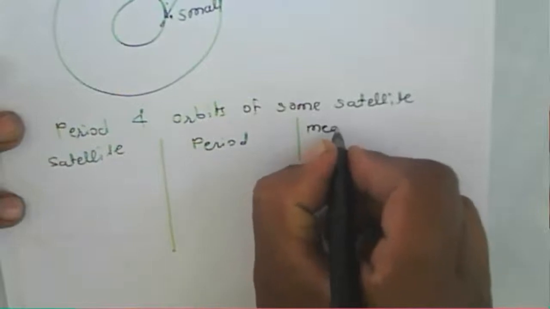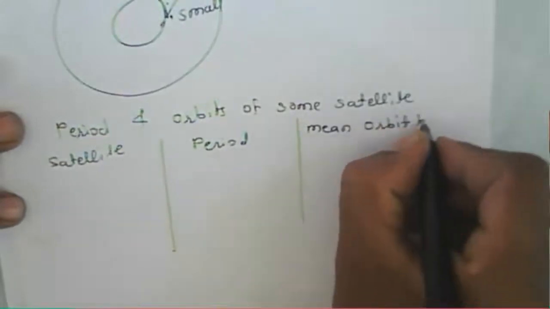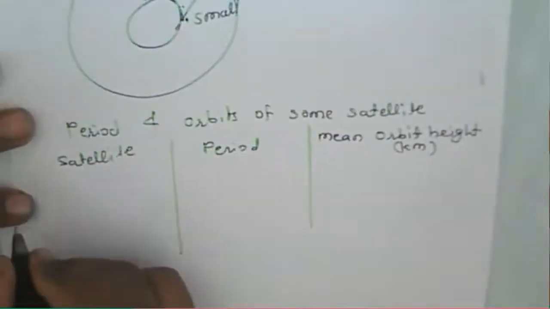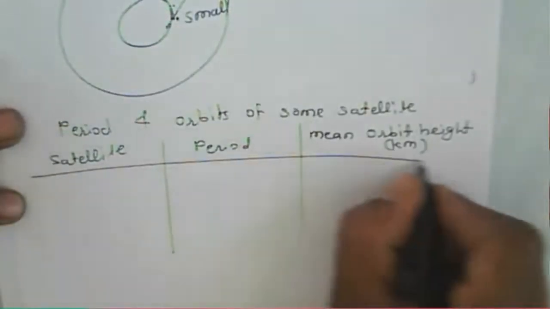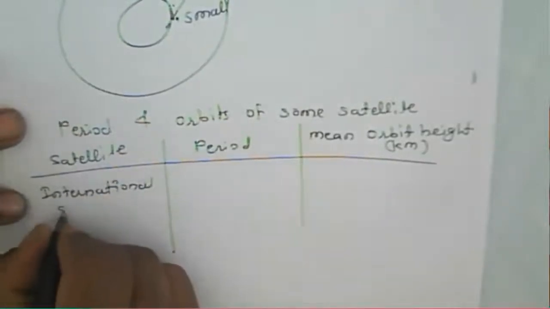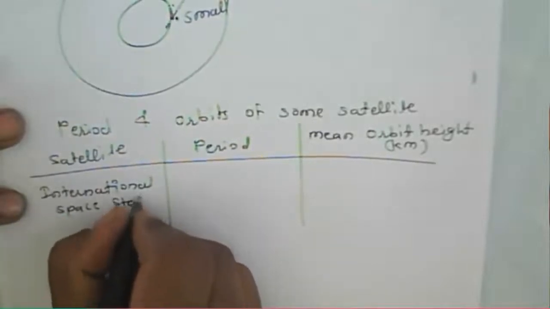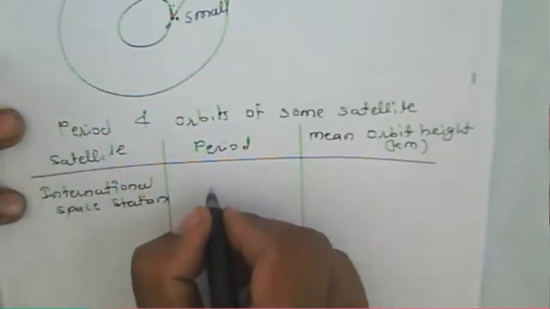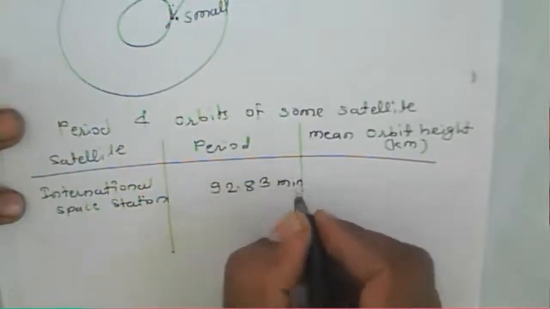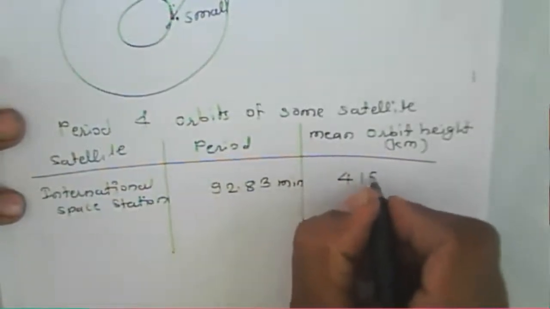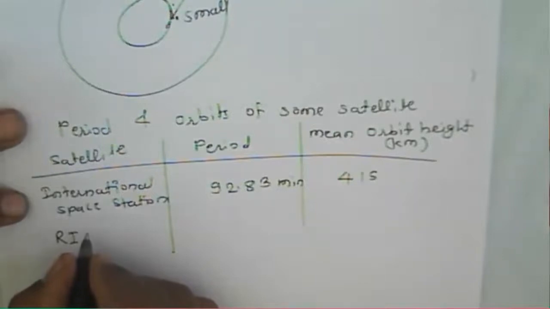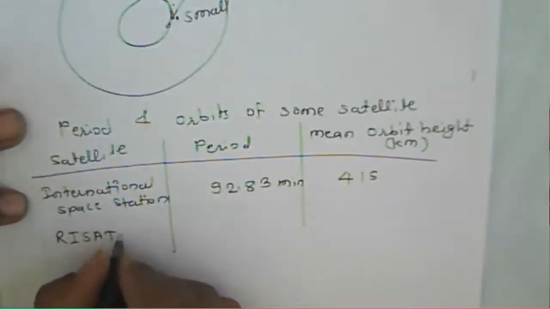Here we can see the name of the satellite, how much period is required, and the mean orbit height in kilometers. For the International Space Station, the period is 92.83 minutes, and the height is 415 kilometers.